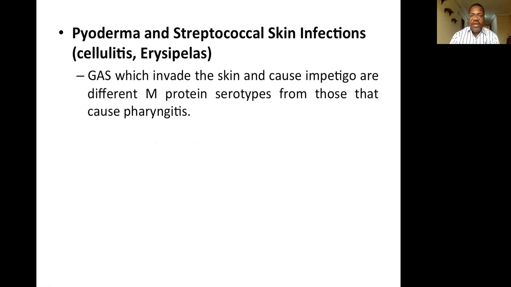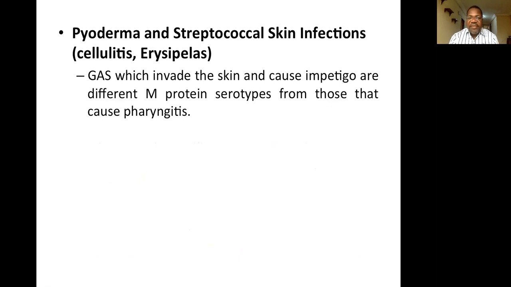Then we also have what we call pyoderma, a streptococcal skin infection that can be cellulitis or erysipelas.